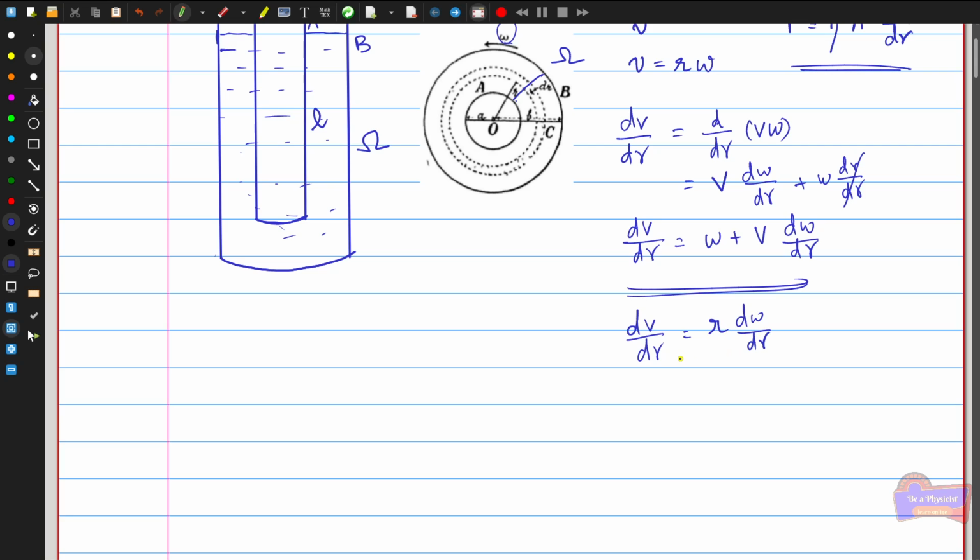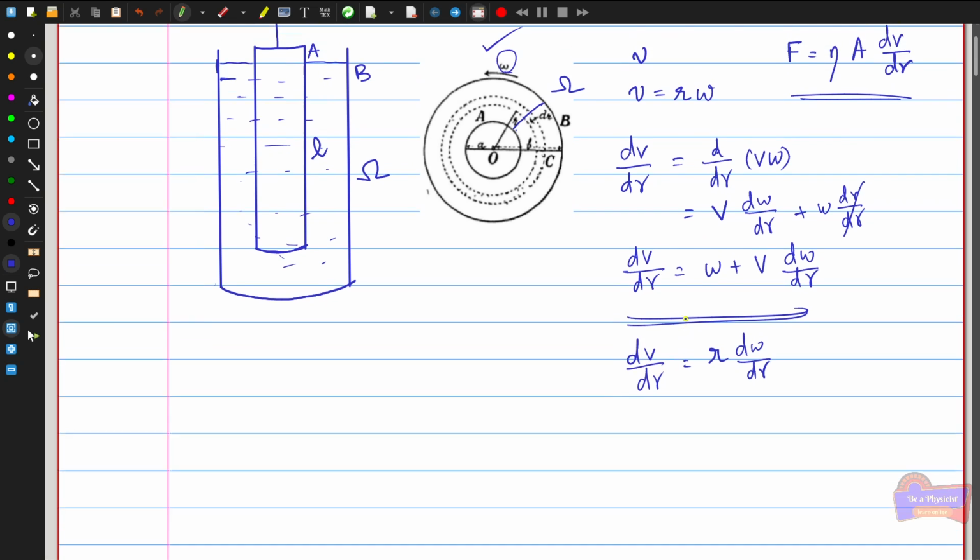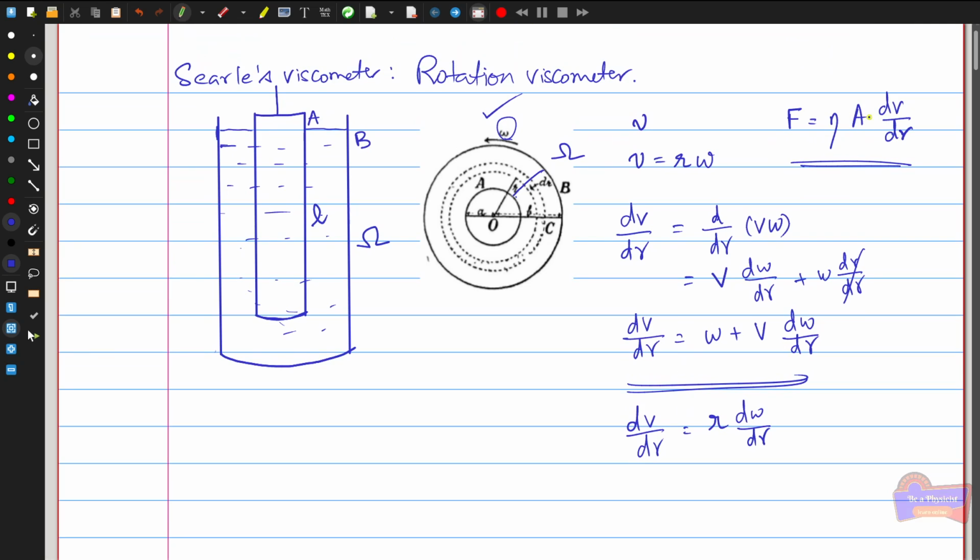That is my velocity gradient, which is responsible for the viscous drag on the imaginary cylindrical layer which we have considered here. Hence, this viscous drag or force F can be written by substituting this dV by dr into this equation.